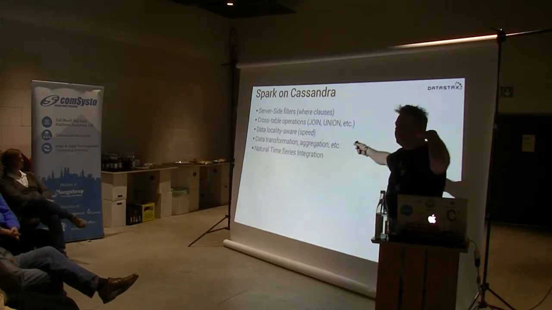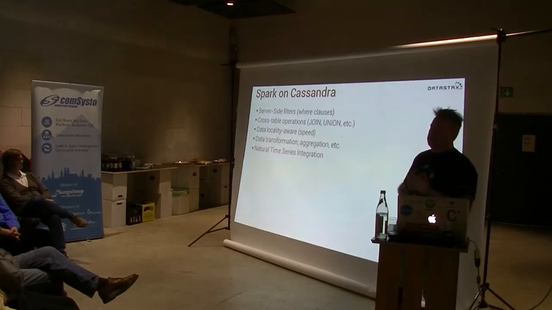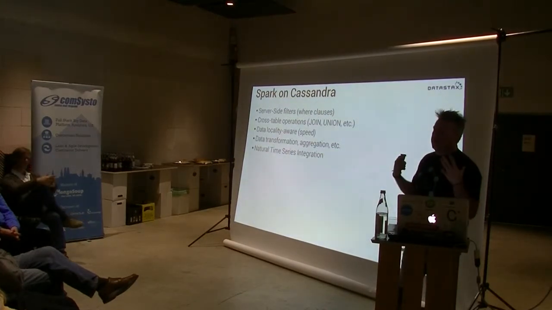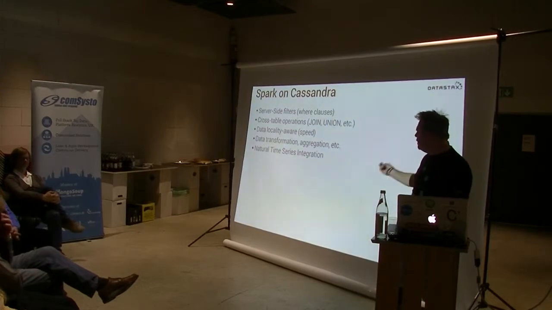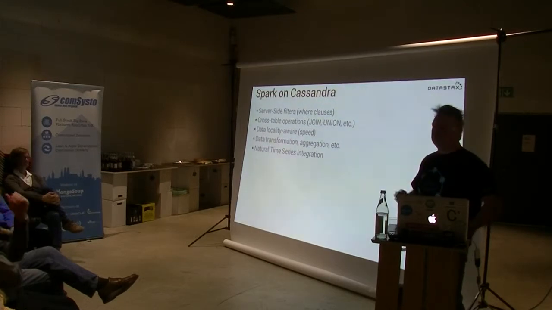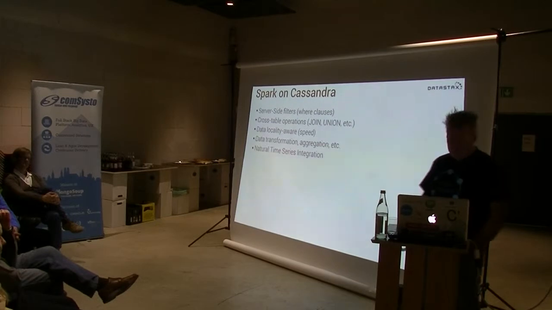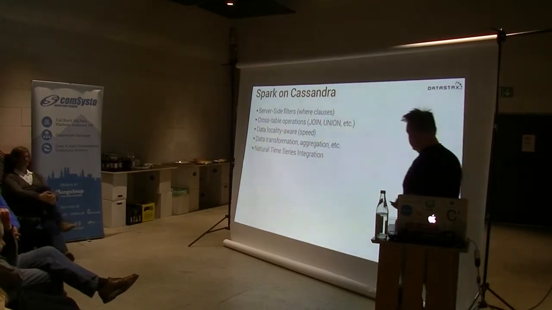And we can just apply that to how Spark works, and I'll show you how. And we can do transformations and aggregations, which is not something that Cassandra does out of the box, but is a really important part of analyzing data. And when you combine it with what we do with time series, it's a great fit, because you collect a lot of data, you're going to have to aggregate it, you're going to have to use it. And so Spark on Cassandra was a really good fit.